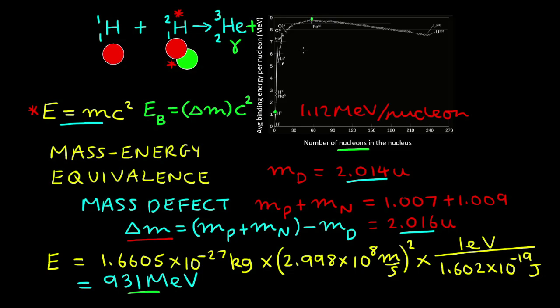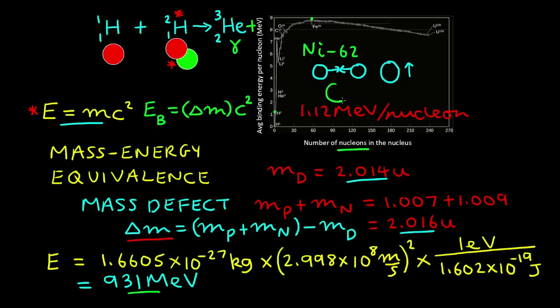And nickel-62, which is not shown here, has the highest binding energy per nucleon. So typically when two nuclei are smaller than nickel, they get fused together to form a larger nucleus, and the binding energy per nucleon increases, so energy is released in the process.